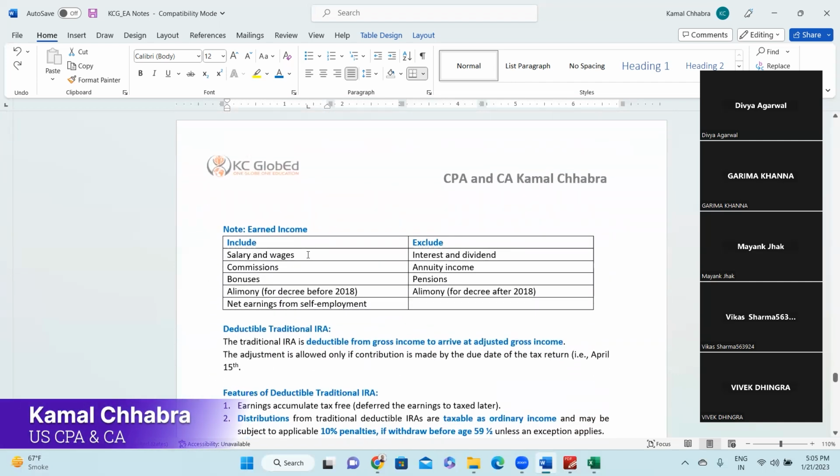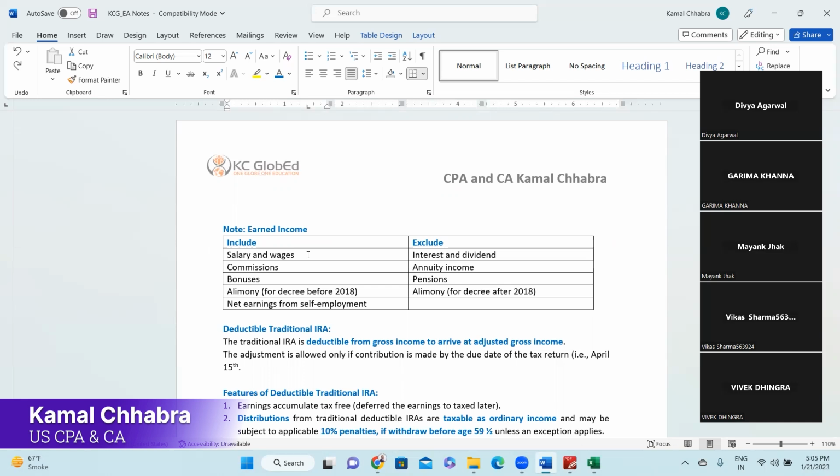It includes your salary, wages, commission, bonuses, and alimony if you got the divorce decree before December 2018. If you received the alimony under a court order or decree on or after December 2018, then it is not included. It also includes net earning from self-employment.